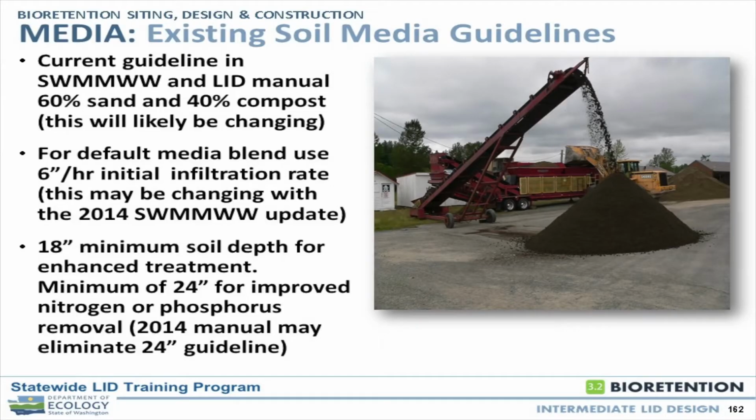And that's significant as far as your treatment goals. So that has to do, very loosely, with metals, phosphorus, and hydrocarbons. At any rate, it has to do with metals, hydrocarbons, and phosphorus. And so if you use 18 inches of the 60-40 mix, you get to claim enhanced treatment. And we've seen from some of the data that maybe that is a little dicey.